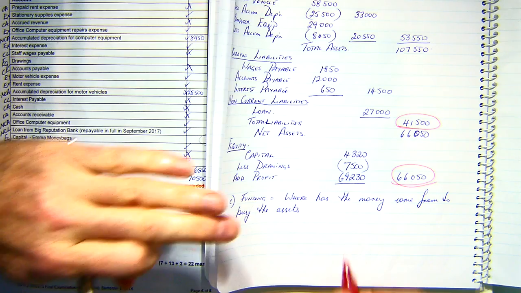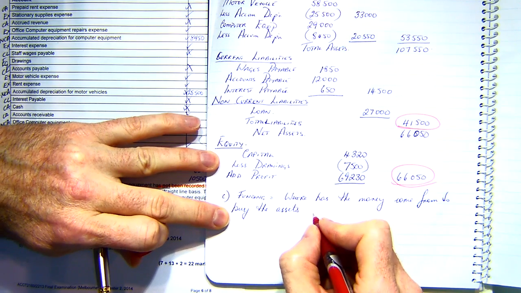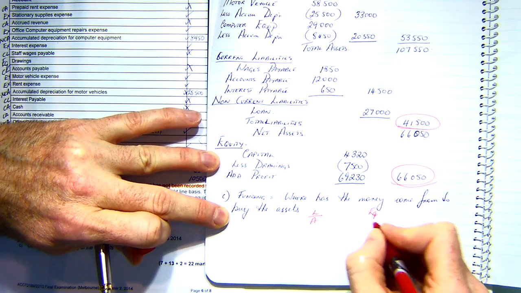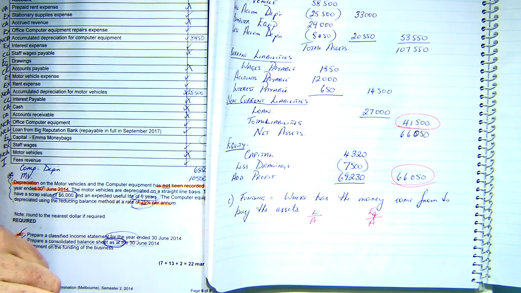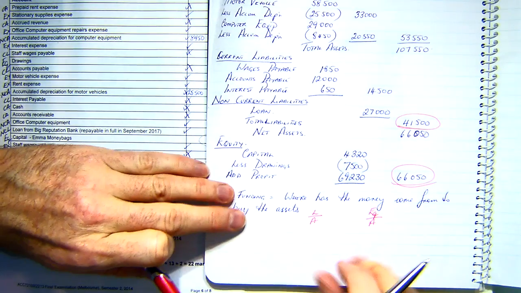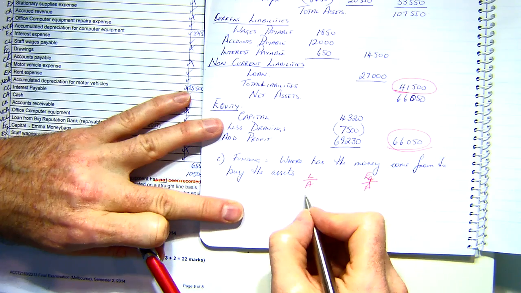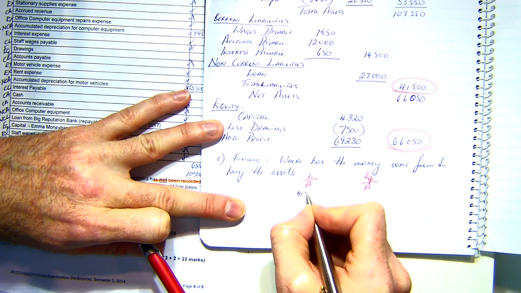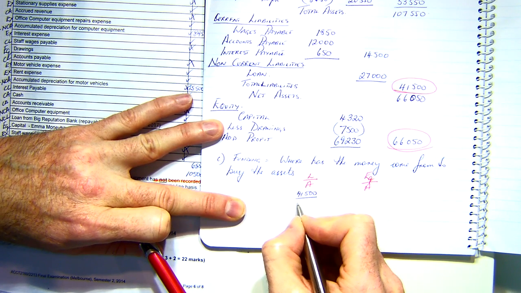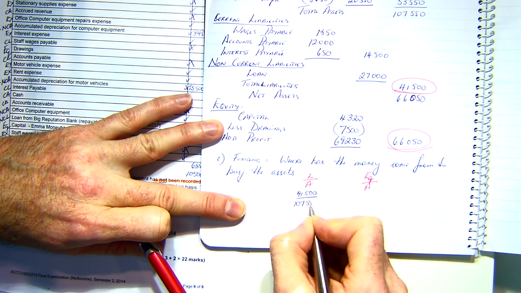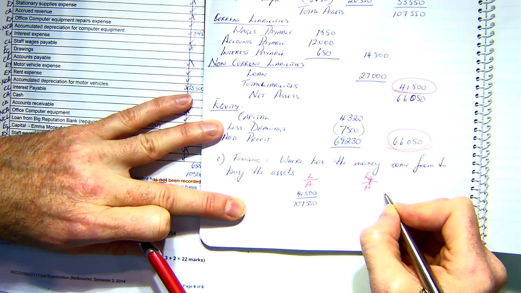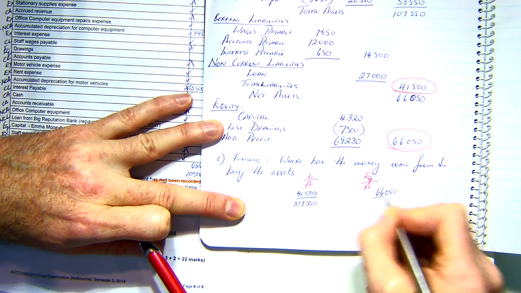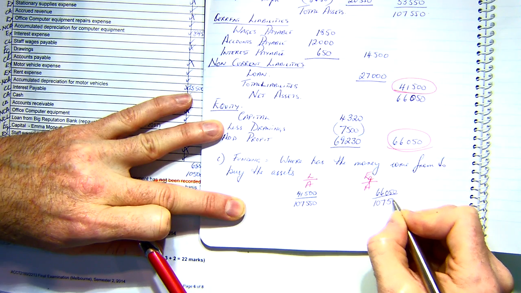So let's have a quick look here now. What I'm looking to do is my liabilities divided by my assets and my equity divided by my assets. So I've got my liabilities of 41,500 divided by 107,550, and in this one I've got 66,050 divided by 107,550.